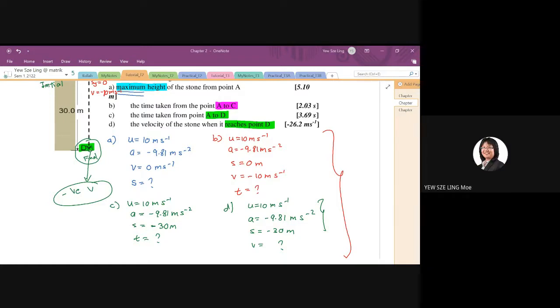Done. So very simple, right? As long as you know the technique, how to extract the data from the questions and how to choose equations, chapter 2 is quite easy. So if there are no other questions, then I will proceed to projectile motion. We will do projectile motion now.